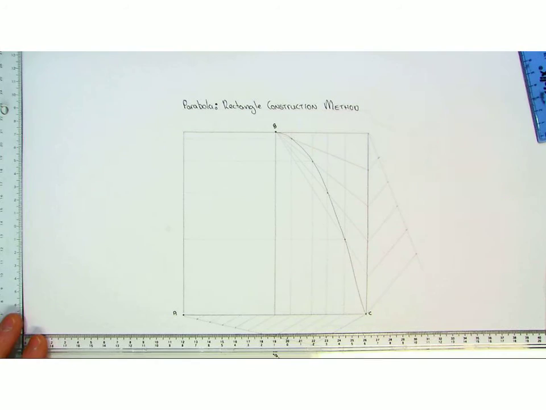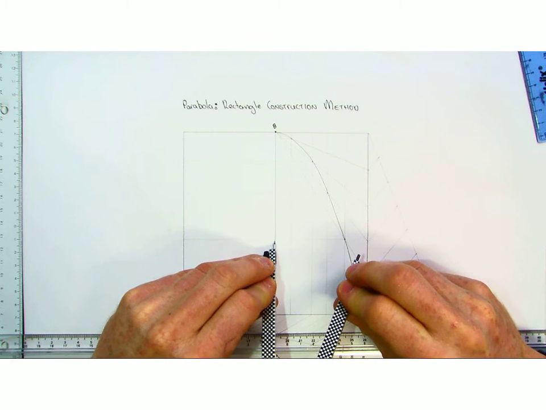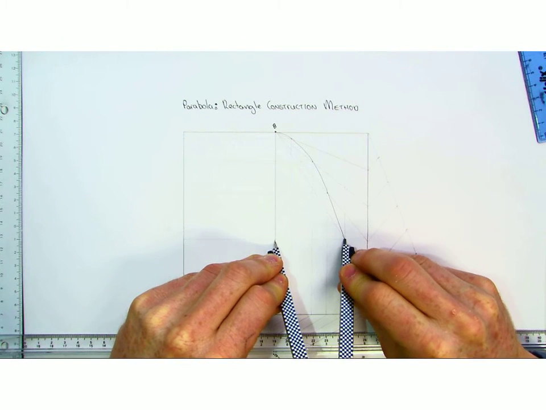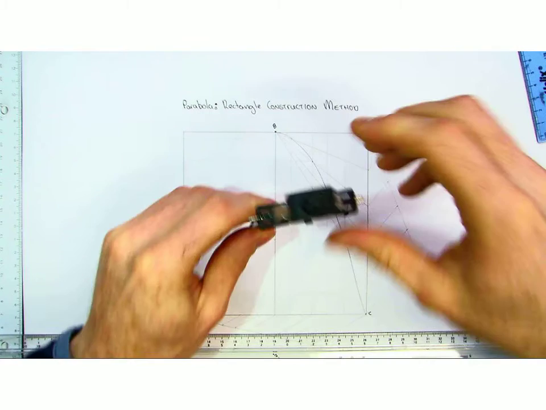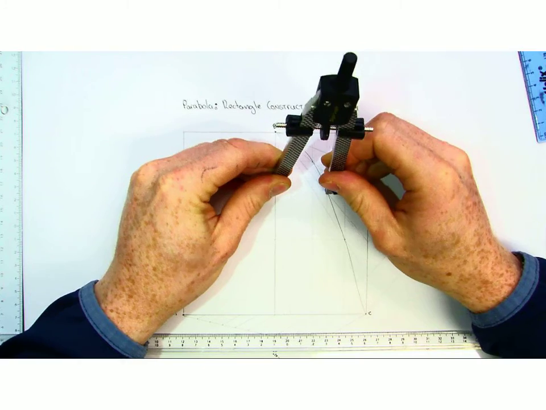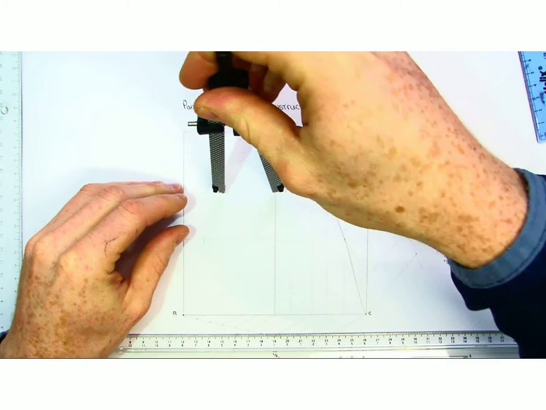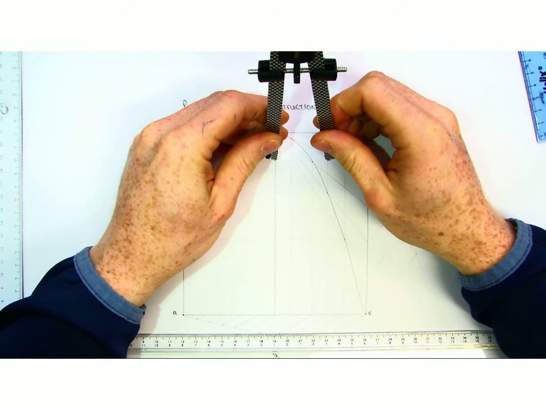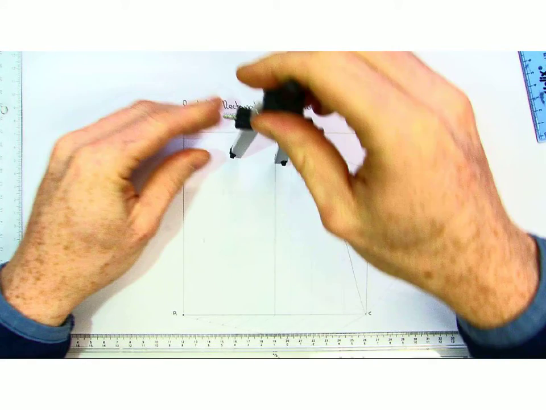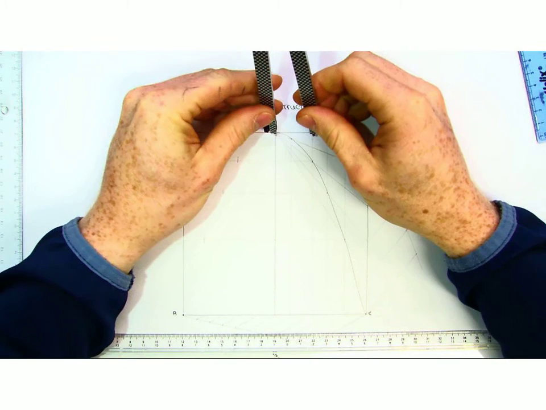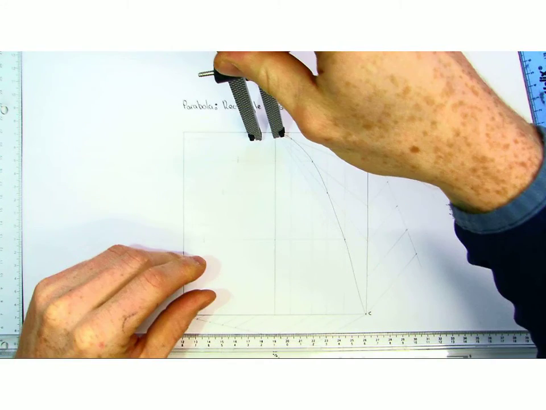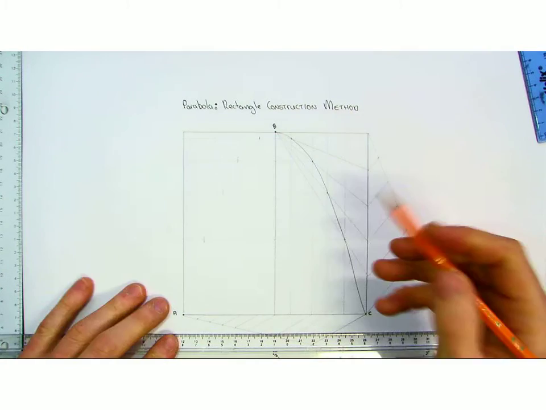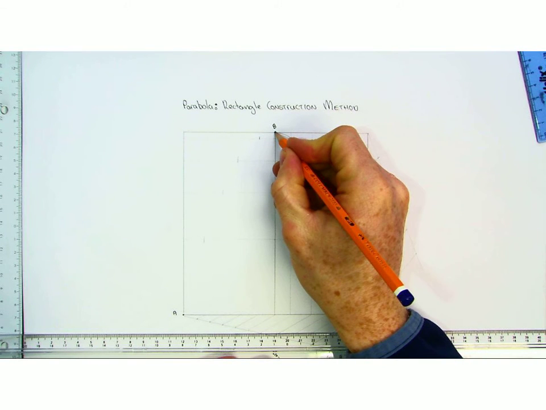Using my compass, on the center axis, placing my point down and my lead on the point, I can swing my point across and repeat for the remaining 3 points. I can now draw in my curve on the completed parabola.